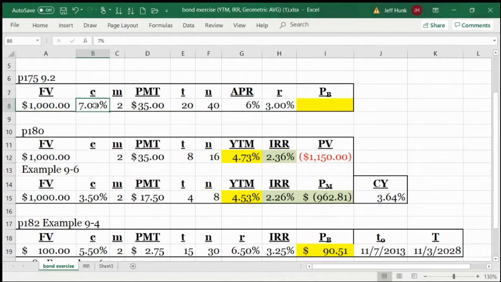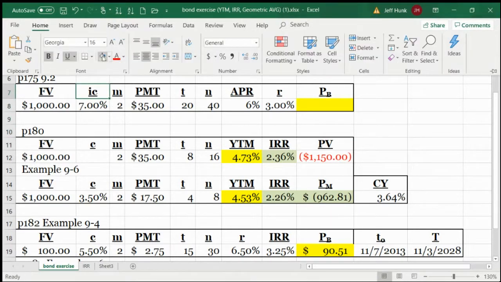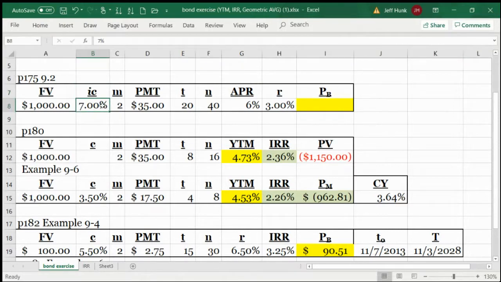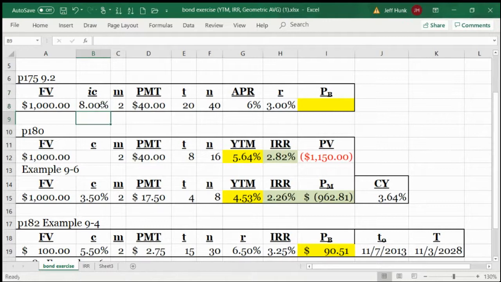First of all, the coupon rate, right? The coupon interest rate, IC. That was 8%, right? There you go.